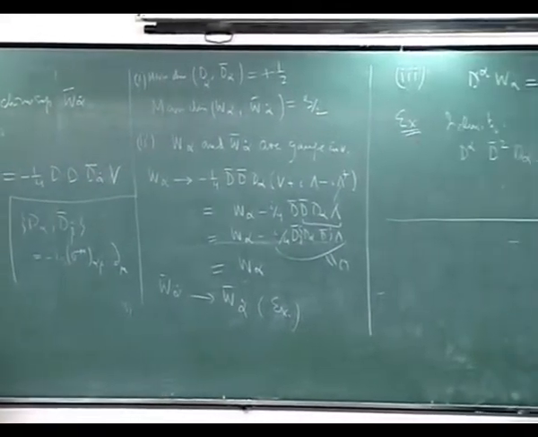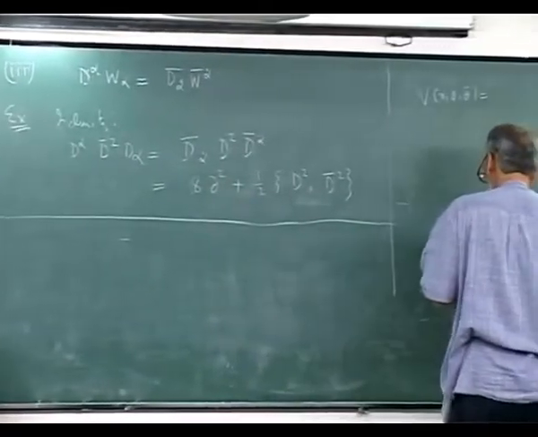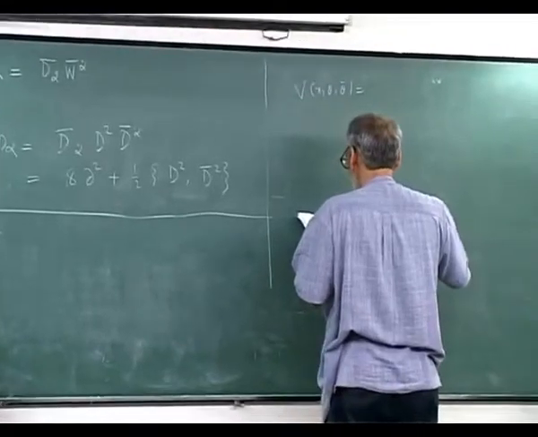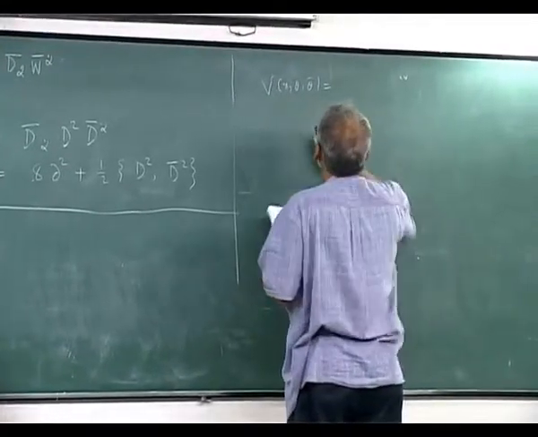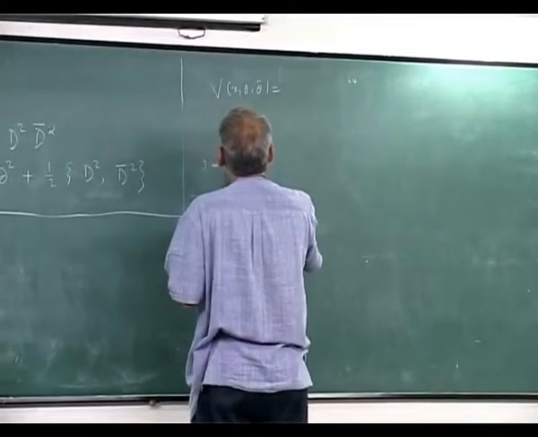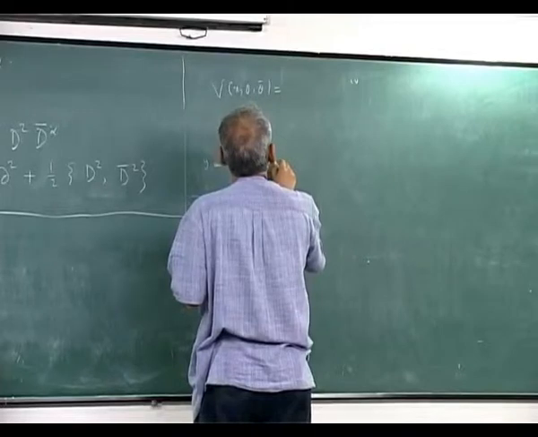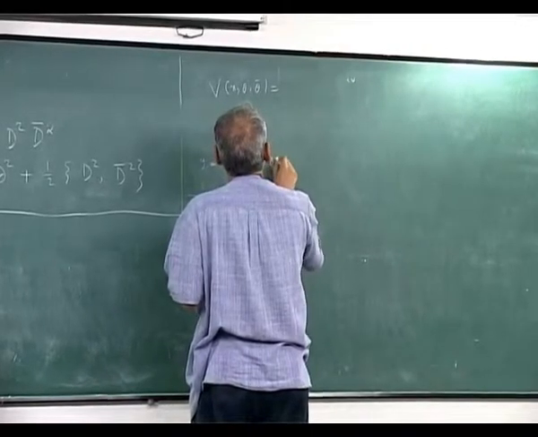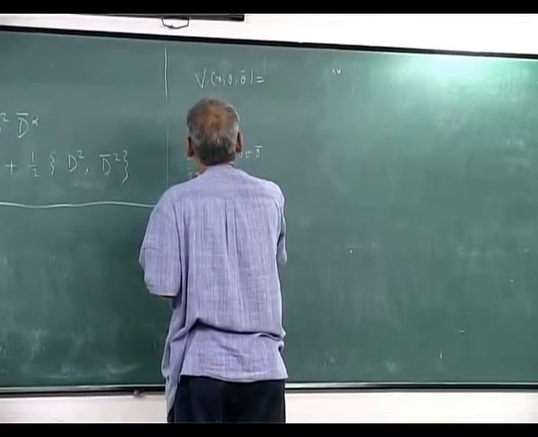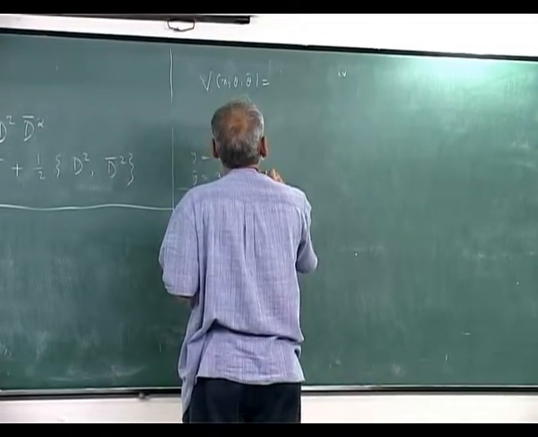V of x theta theta bar in the Wess-Zumino gauge was that earlier expression. But remember, y was defined to be x plus I theta sigma theta bar, and y bar was defined as x minus I theta sigma theta bar.